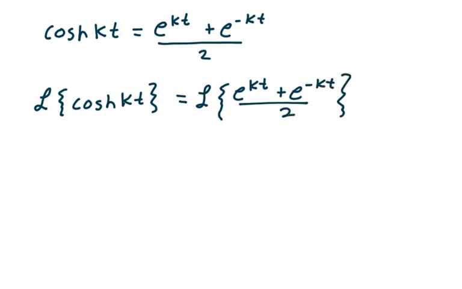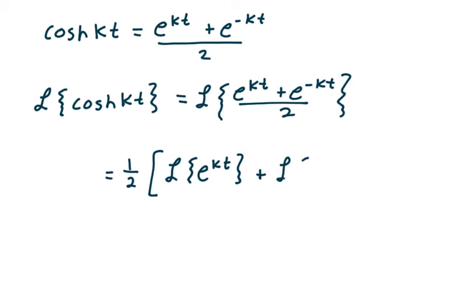Okay? Now, pull the 1/2 out in front. And then this is equal to the inside, right? Let me say it this way. Pull the 1/2 in front, and inside the brackets, we're going to put the Laplace transform of e to the kt plus the Laplace transform of e to the negative kt, like so.